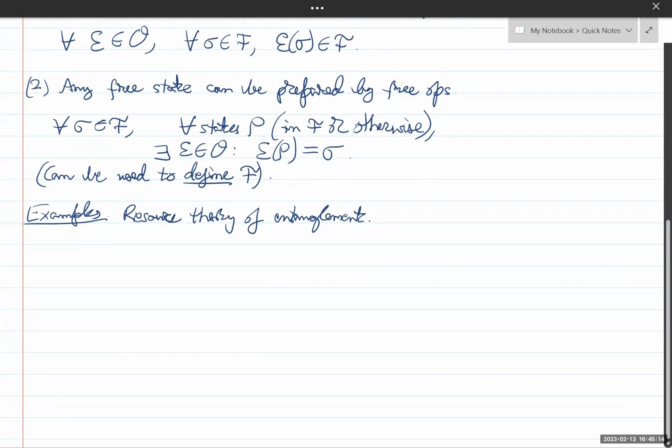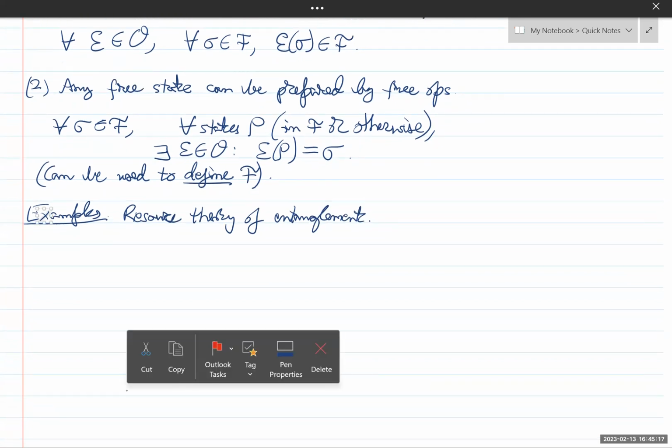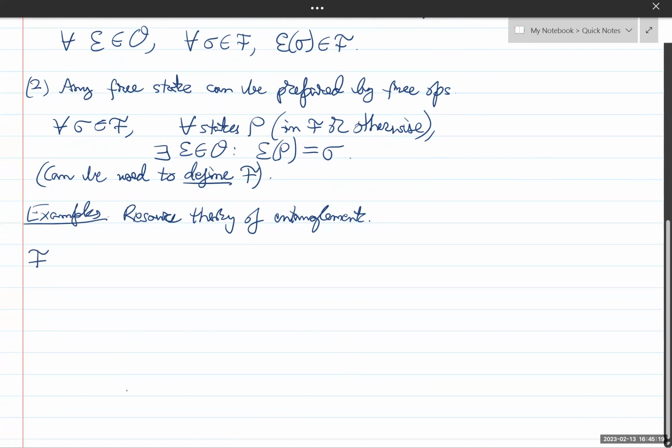So here, the set of free states is basically the set of all separable states.